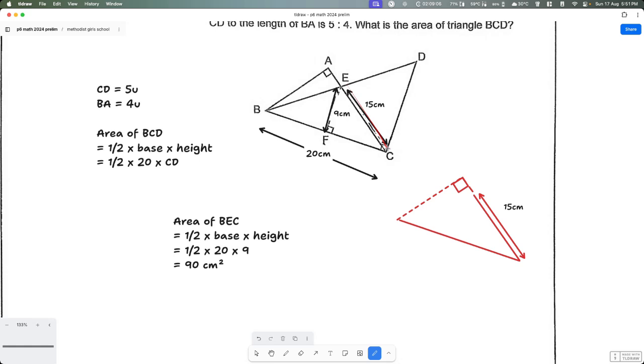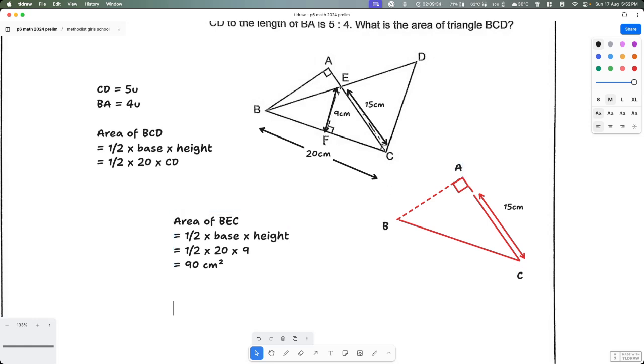This BEC over here is the same area as BAC, because you just have the base 15 and the height, we don't know what BA is.